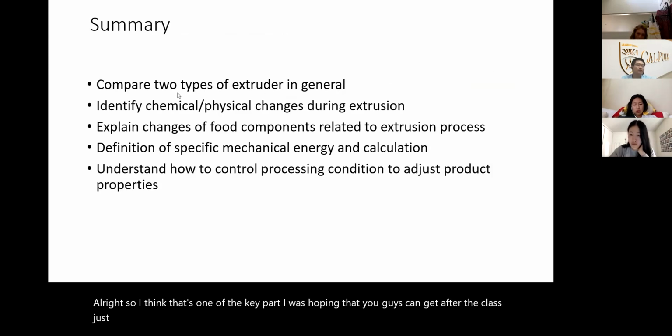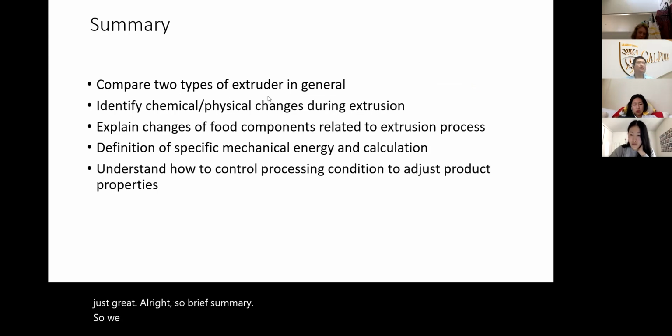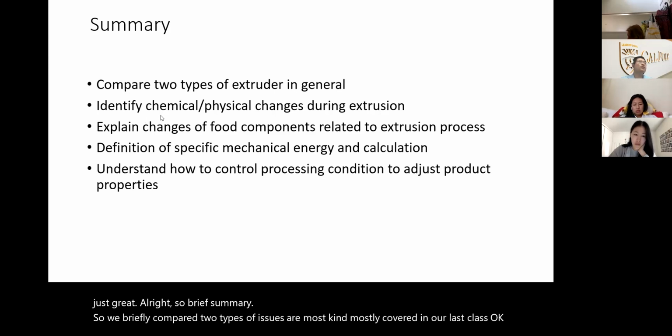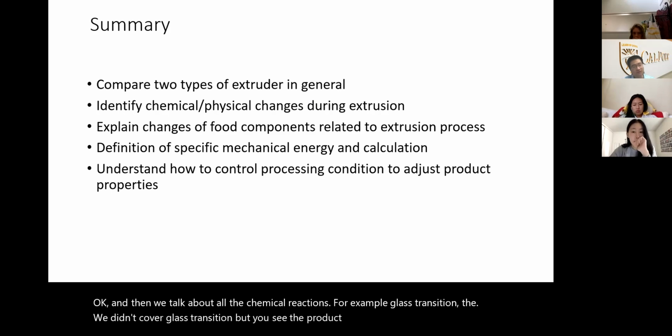All right, brief summary. We briefly compared the two types of extruder, mostly covered in our last class. And then we talked about the reactions, for example glass transition, which we didn't cover, but you see the product melted inside the extruder, right?